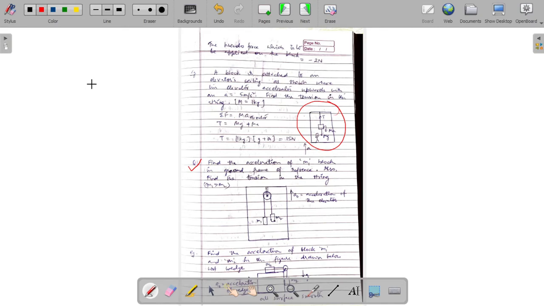So question number 1, the first question which we are going to do today is this one. So we have two blocks and a pulley system which we have studied in previous videos.